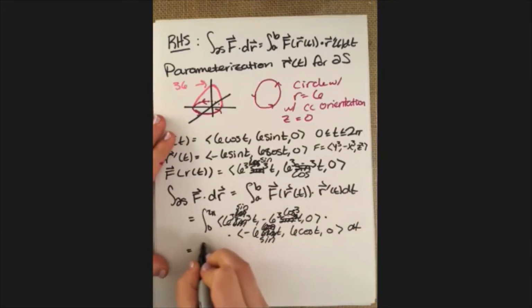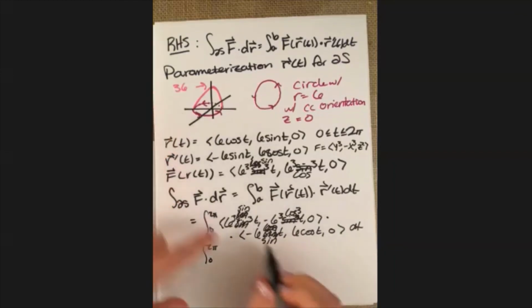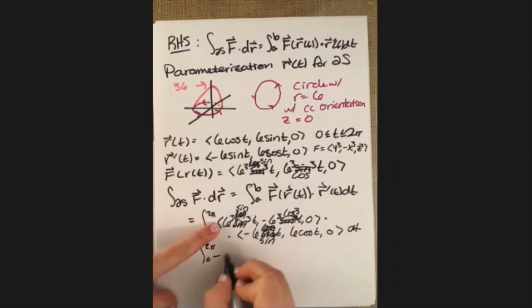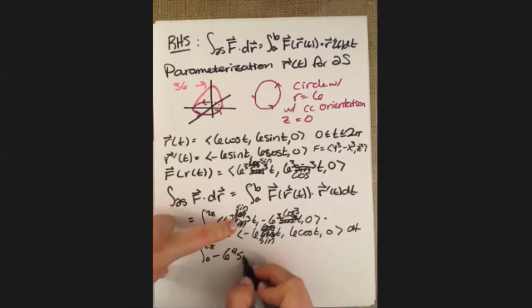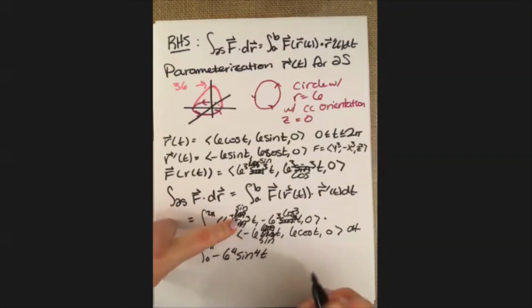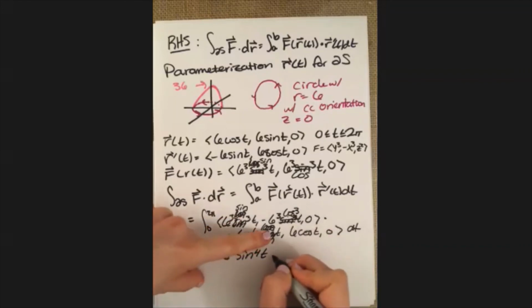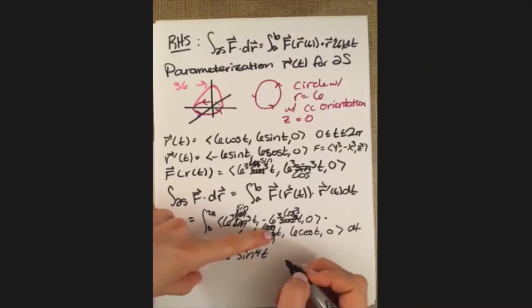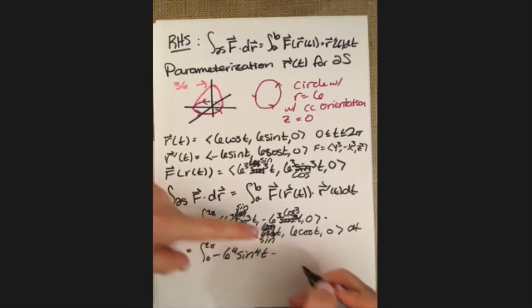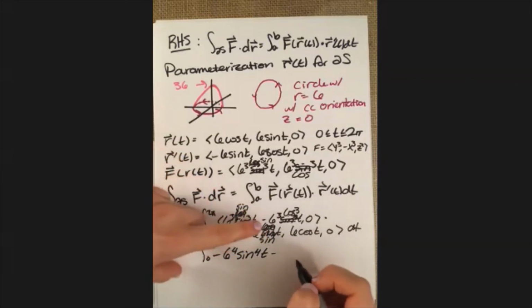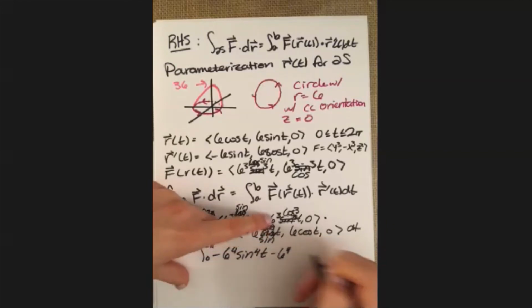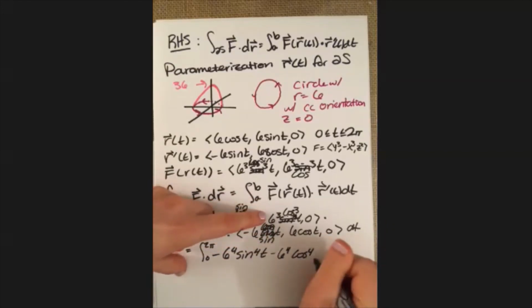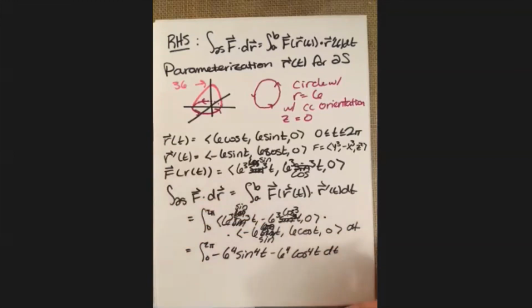So we have the integral from 0 to 2 pi, and we're going to get negative 6 to the 4th, again, I'm not computing that yet, sine to the 4th t, minus 6 to the 4th cosine to the 4th t dt.